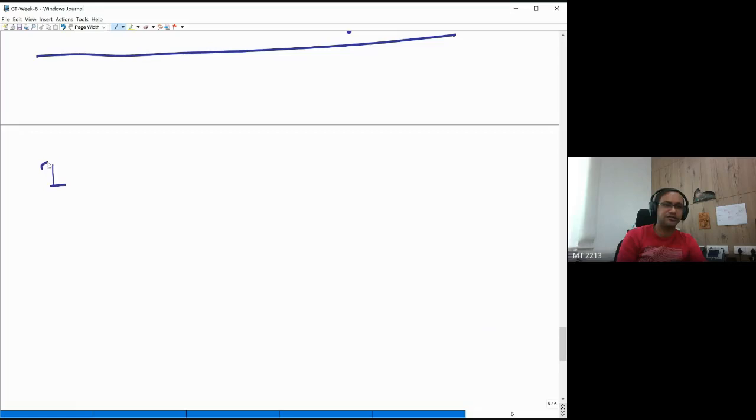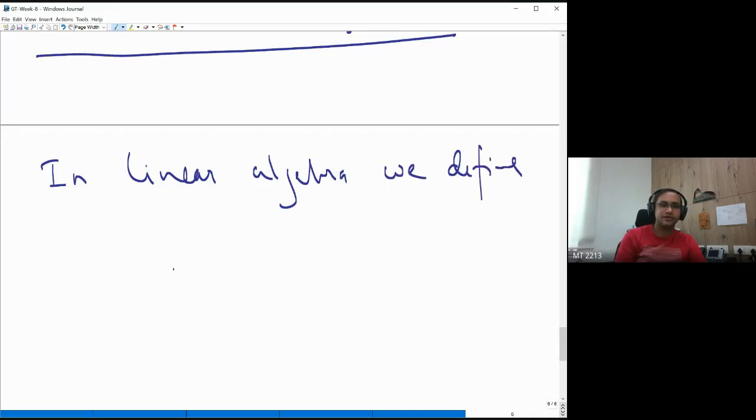So in linear algebra, we define, what do we call that? Suppose I have a matrix A and a matrix B, let's say these are matrices in M_n(F).